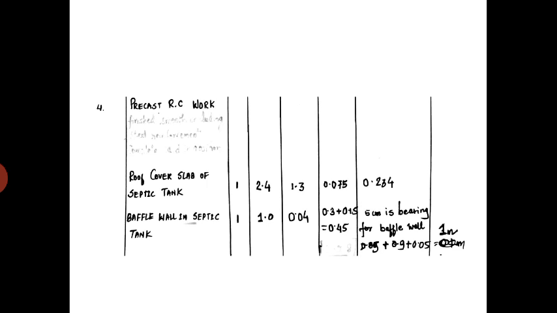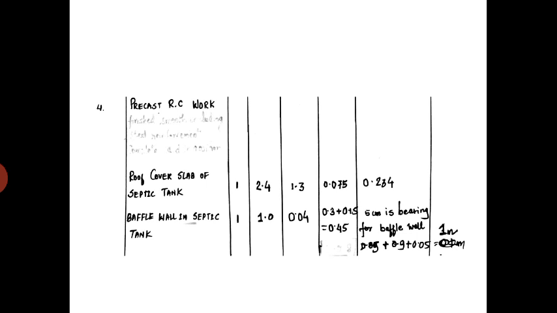Whatever the cover slab is there, the slab is only one, not two numbers. Then the inside length, if you see in the plan, is 200 centimeters plus 20 on the left hand side and 20 on the right hand side. Then you will get 2.4 meters of length.